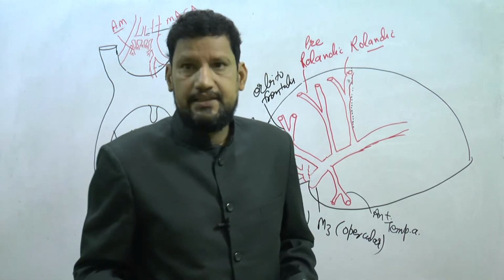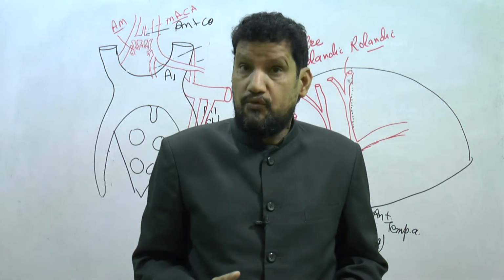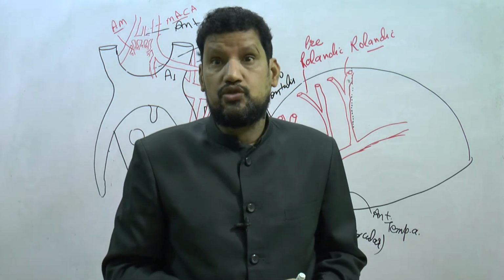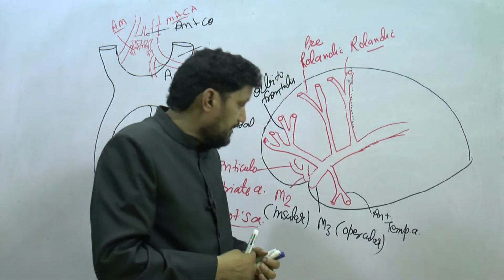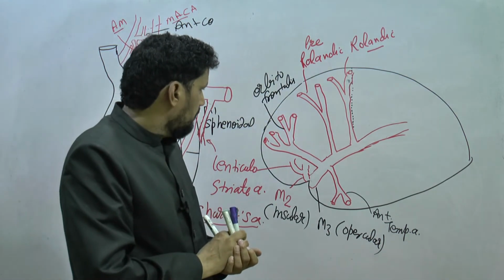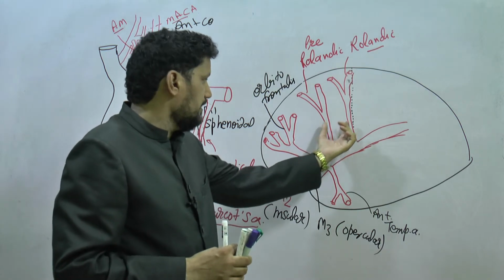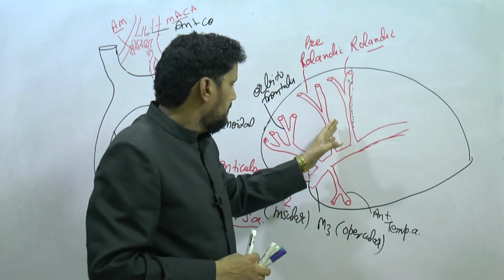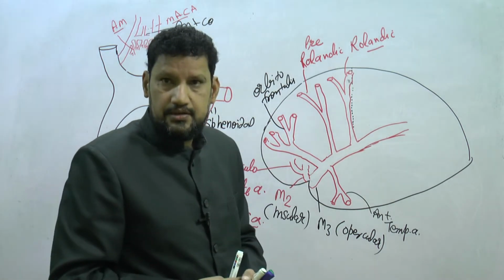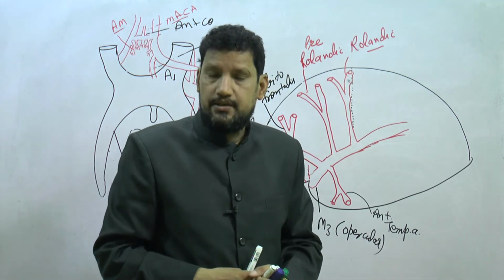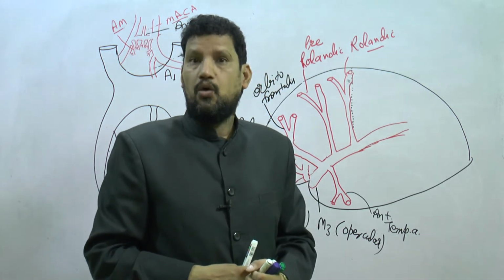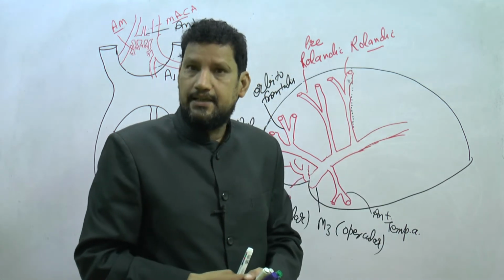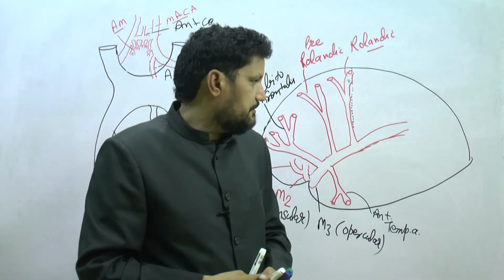In the same way, the central sulcus of the cerebral hemisphere is known as the central sulcus of Rolando. So arteries are named as the pre-Rolandic and Rolandic arteries. These are supplying blood to primary motor cortex, the premotor area, and also some part of the somatosensory area of the cerebral hemisphere.